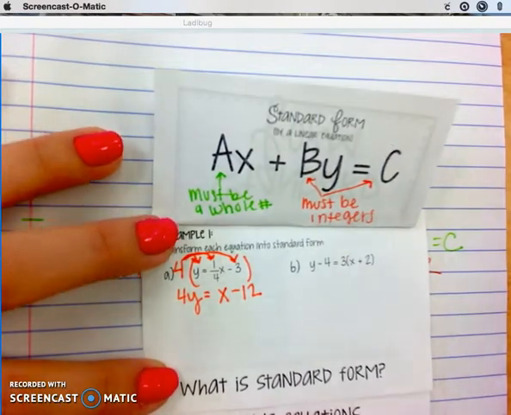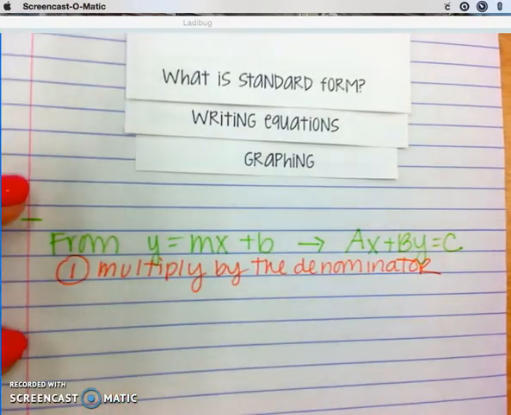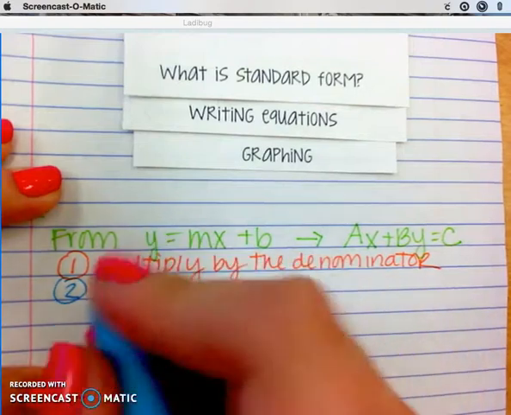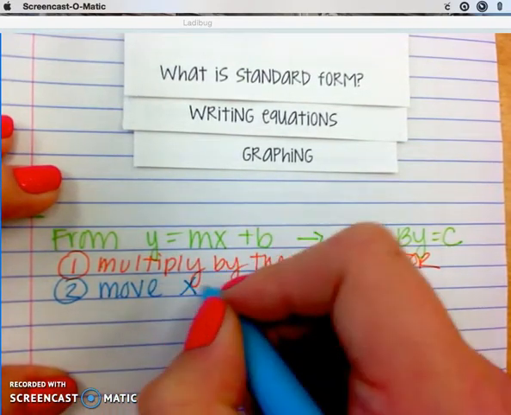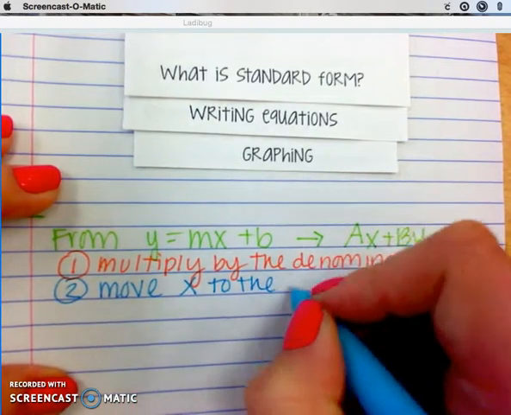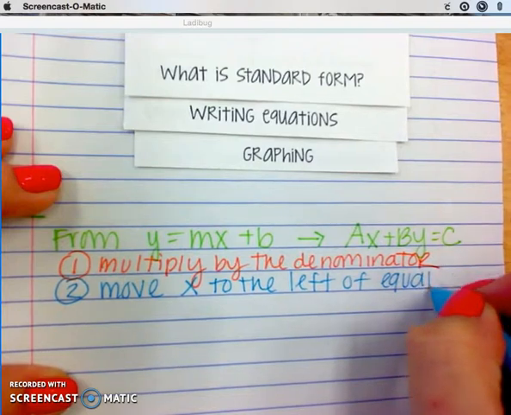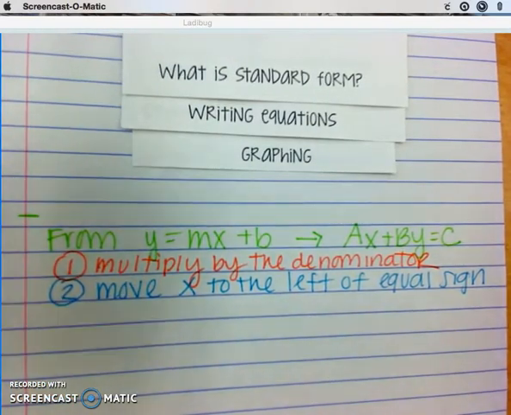So the next thing I'm going to do is put it down so I have my notes, so I know what I'm doing. Move x to the left of the equal sign.